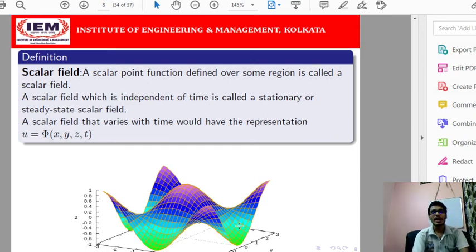In that way, I can get the functional value. This is a scalar valued function because this is a scalar field, because no vector or directions are mentioned here. So if I put the coordinates of a point in the function through which the surface is defined, I can identify the value at that point of the surface.